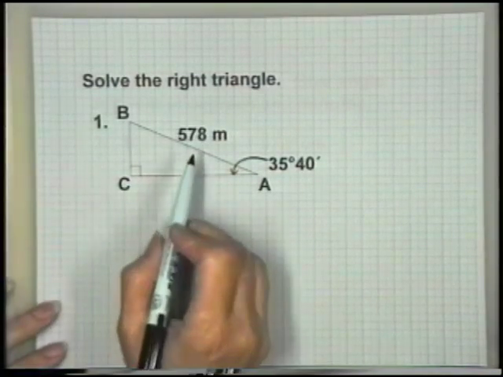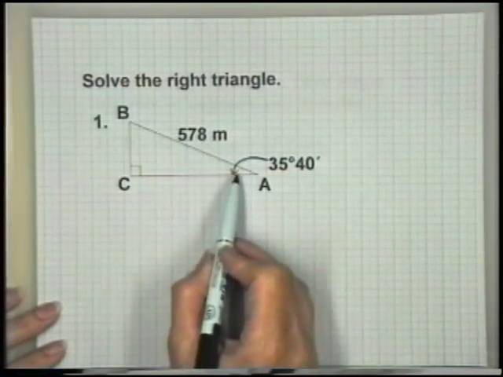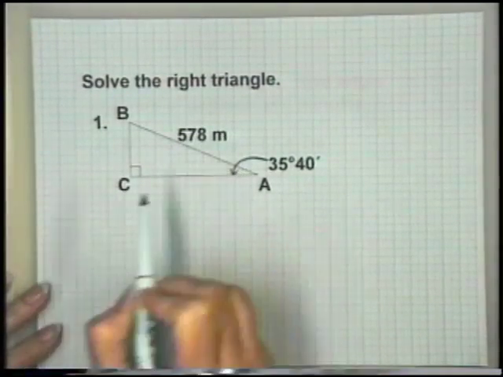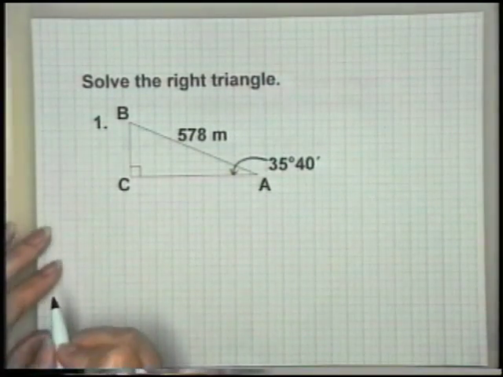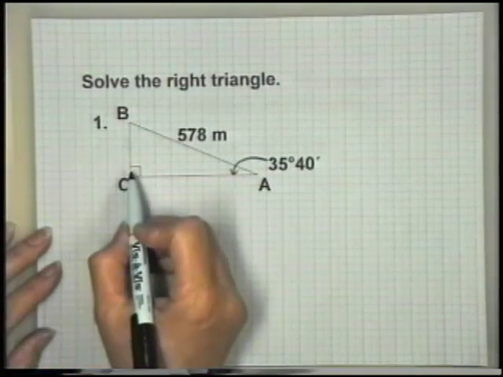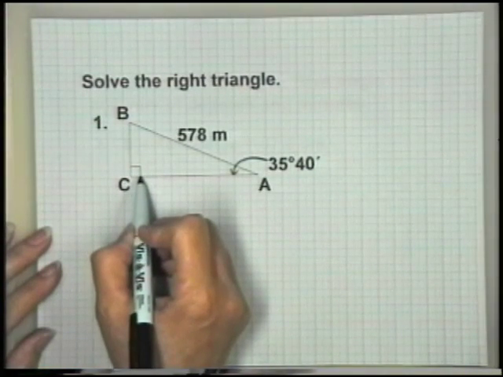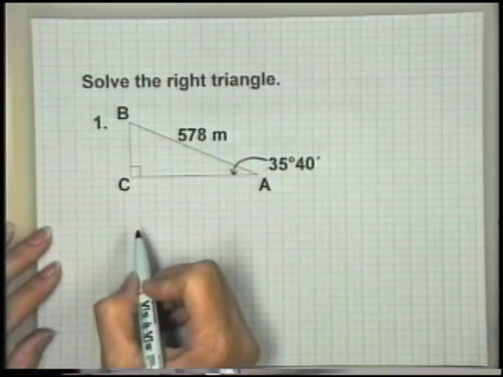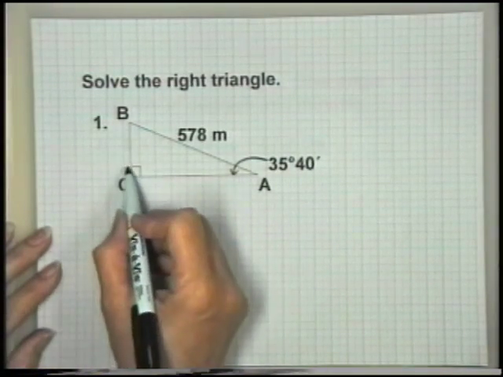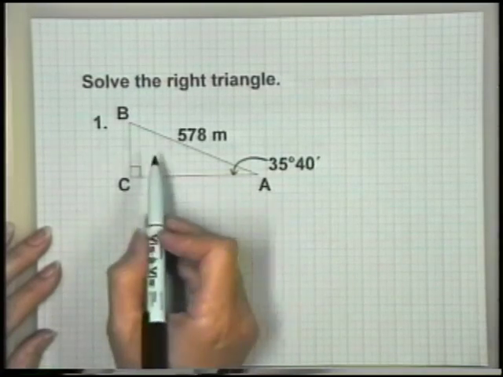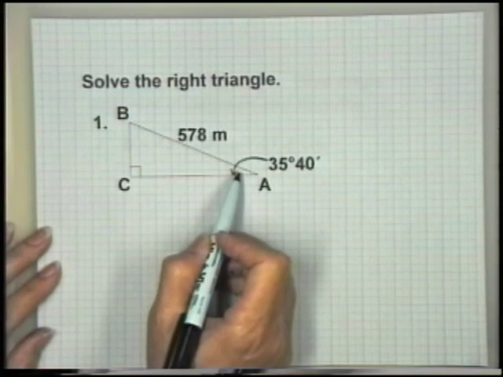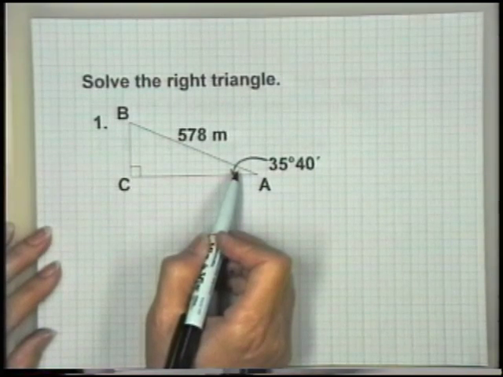So, notice that for this problem, we are given one side and one angle. Usually when I'm given one side and one angle, I find the other angle first. I know that if angle C is 90 degrees, that there are 180 degrees in a triangle, and if this angle C takes up 90 degrees, then the sum of these two angles has to also be 90 degrees.